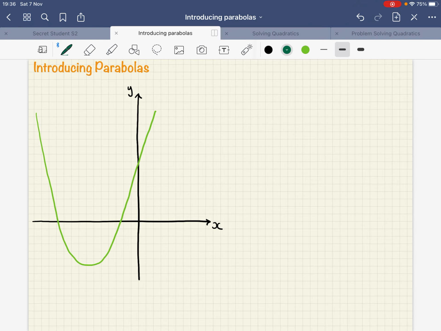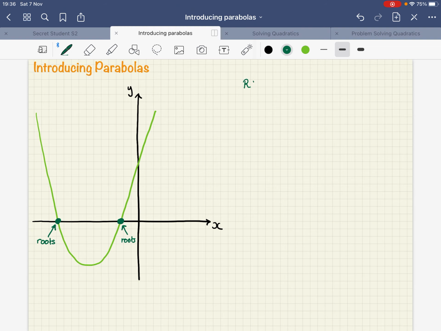So to help us out with parabolas, there's some key things that we need to make sure that we're aware of term-wise. So to start off with, here at the very base of my x-axis, we have these 2 points here. And we call these parts here the roots.